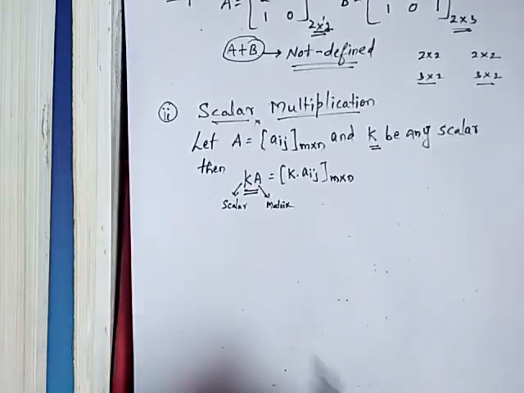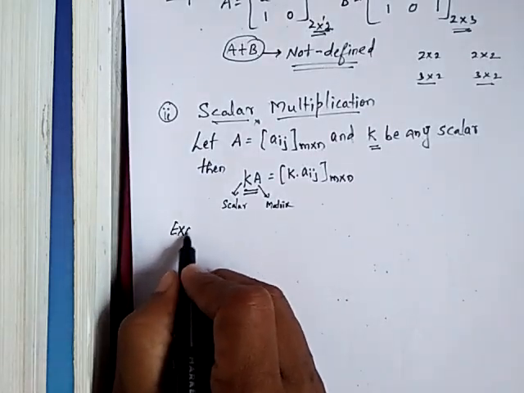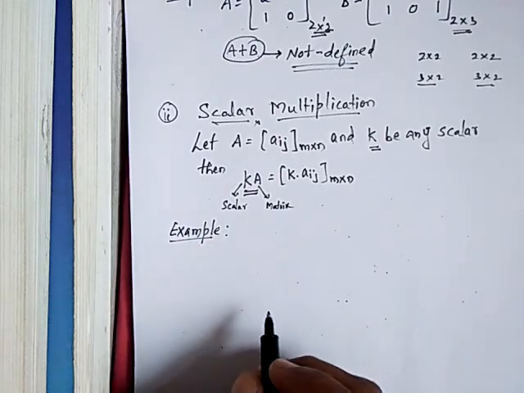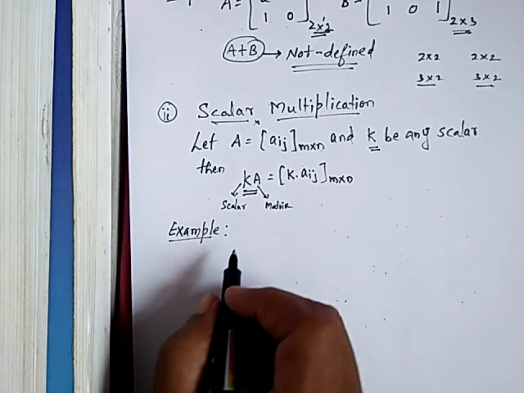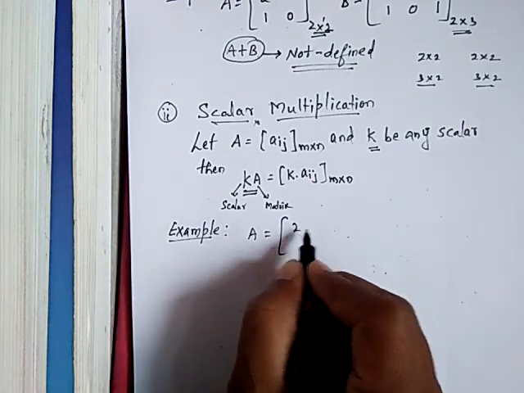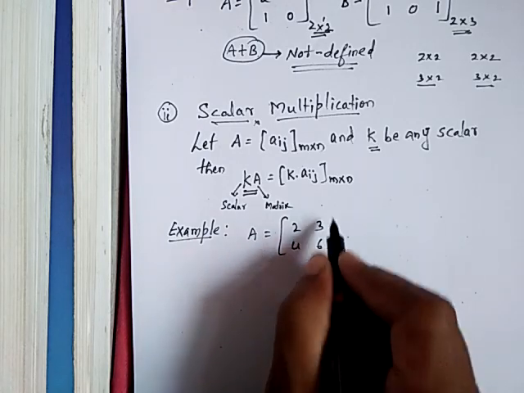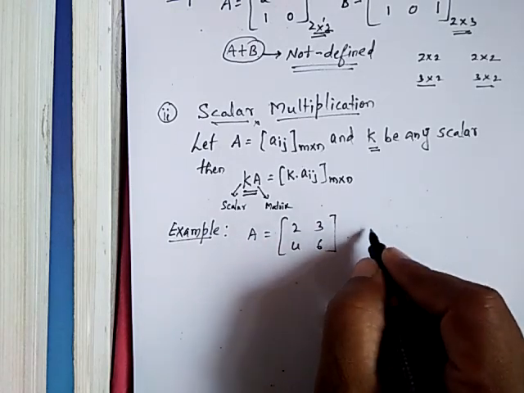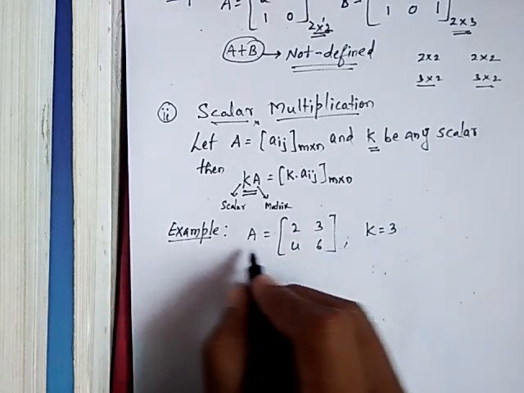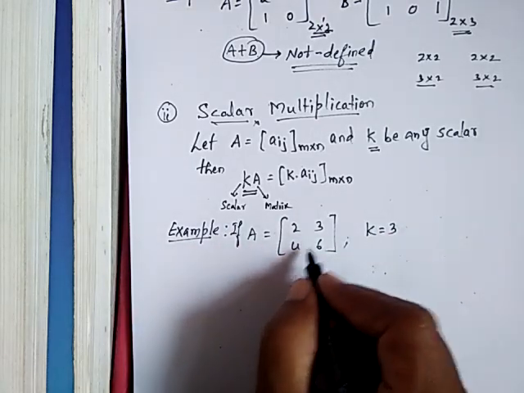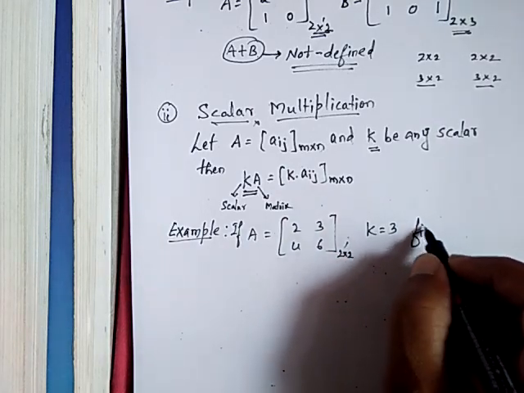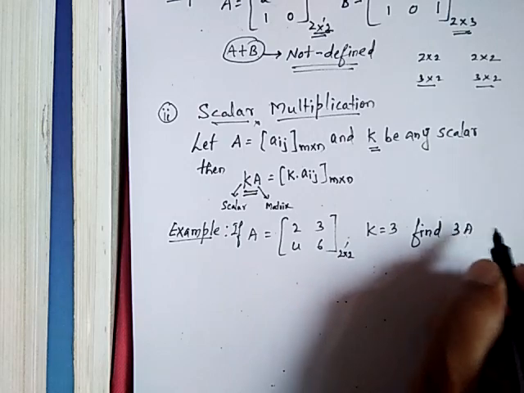I will take one more example here. My dear students, you can take A equal to 2, 3, 4, 6, which is a 2 by 2 matrix, and k equal to 3. Find 3A.